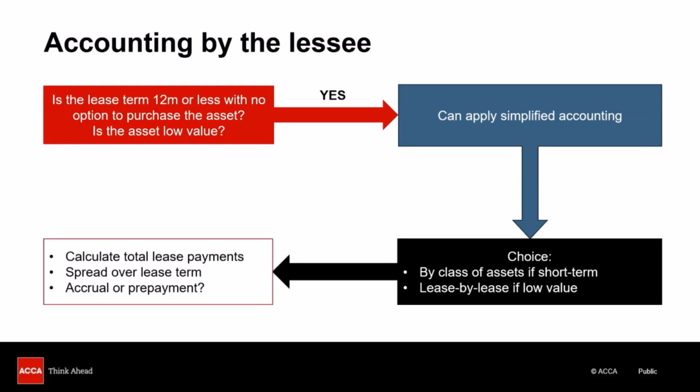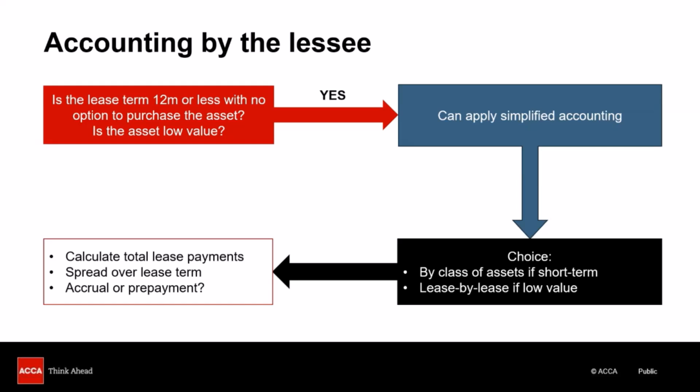When we are applying the simplified model, the calculation is done simply by taking the total lease payments, distributing them over the lease term, and identifying whether there is an accrual or prepayment related to that at the year end. It is more like how we account for the rental expense.